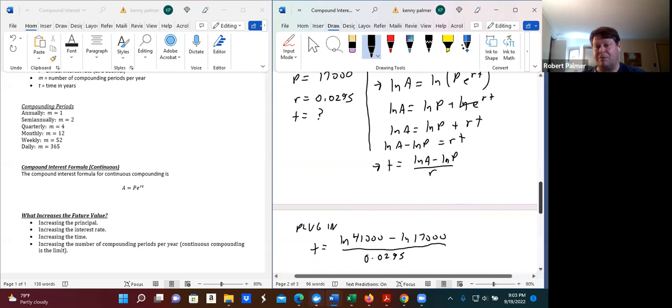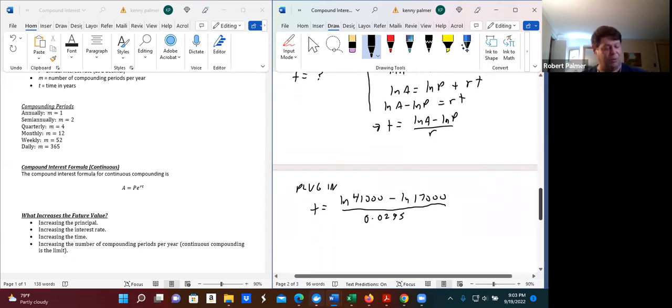Once again, we'll use Desmos to help us out with this. So let me write it down to make sure I have everything. Okay, let's go back to Desmos and plug that in.